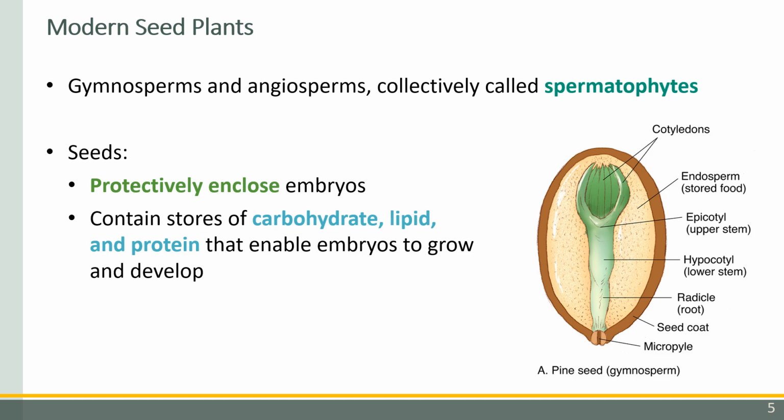And just like an egg, those carbohydrates, lipids, and proteins found in this structure called the endosperm around the embryo is going to help nourish that little tiny plant once it lands. So it is basically an enclosed structure that has this little embryo with everything that it needs to grow into a mature plant once it lands and germinates.